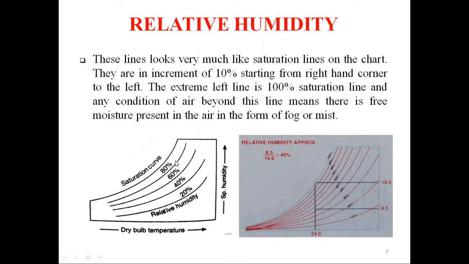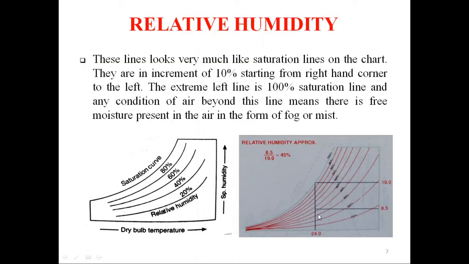The extreme left is the 100% saturation line, that is the saturation curve, and any condition of air beyond this line means there is free moisture present in the air in the form of fog or mist. We have another figure on relative humidity.